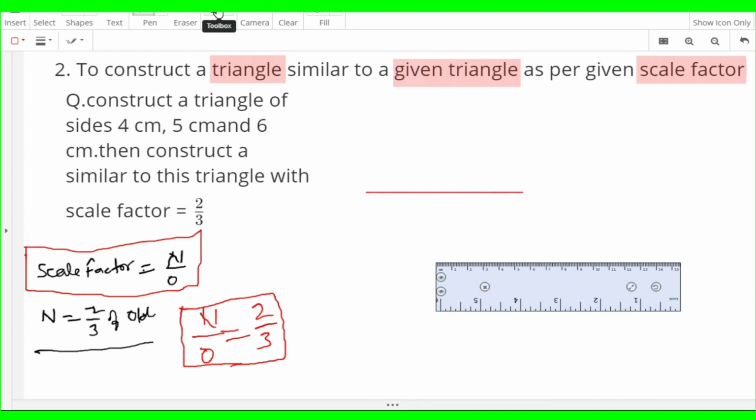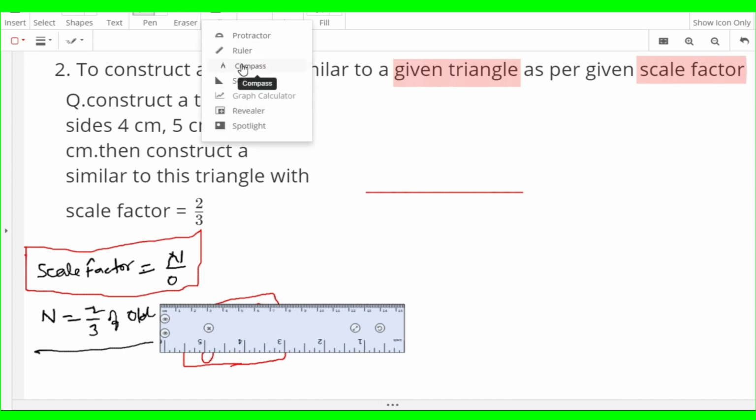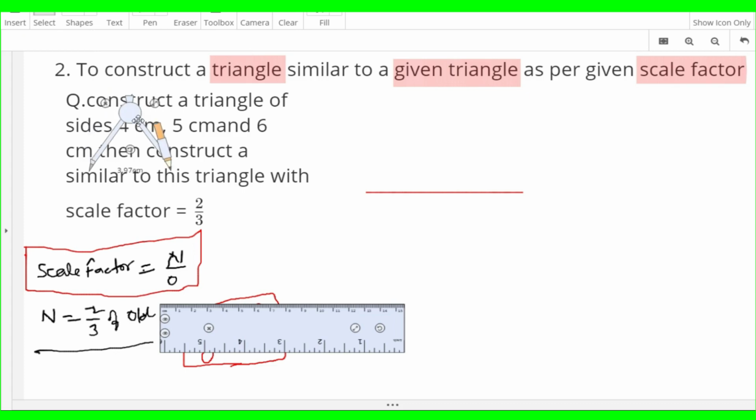For that you have to take the compass. Now on the compass you have to take the length of 4 centimeters, and from here you cut one arc of 4 centimeters. The other one is 6 centimeters.